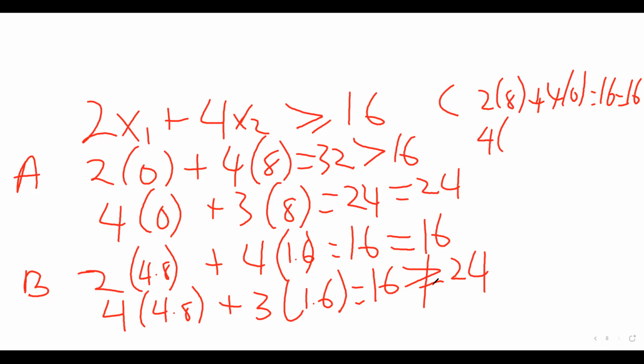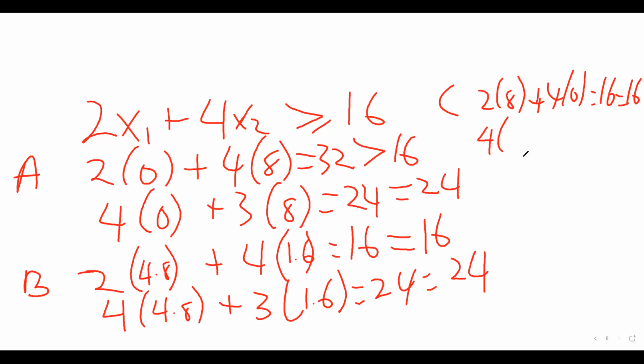Let's see. 4 times 4.8 plus 3 times 1.6. You're right. It gave you 24. So that is not 16. That is 24, which is equal to 24. So that is also satisfied.